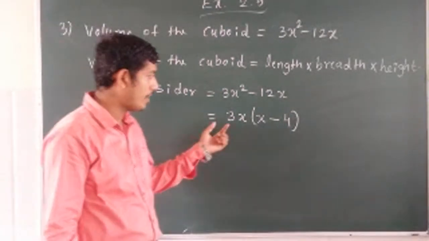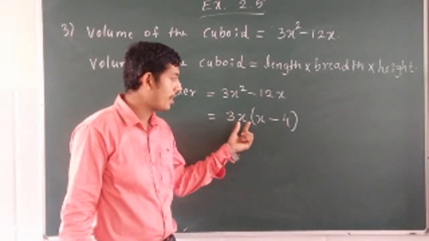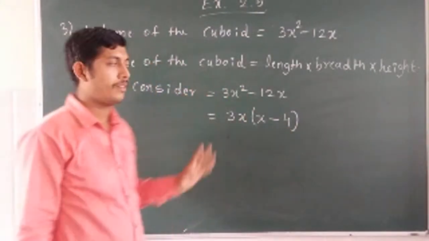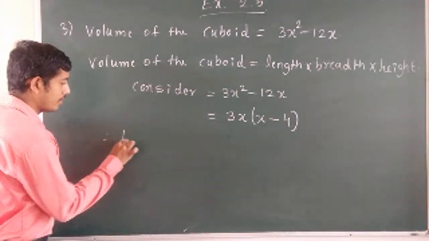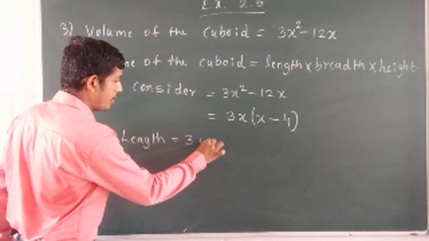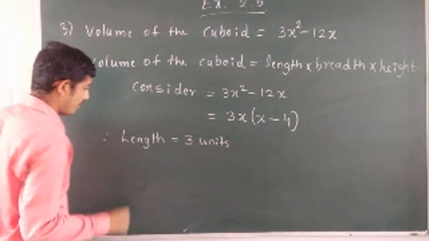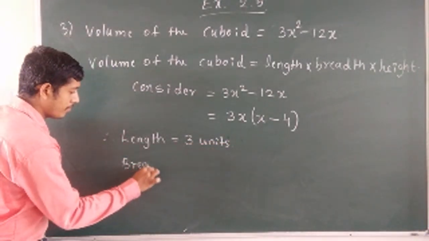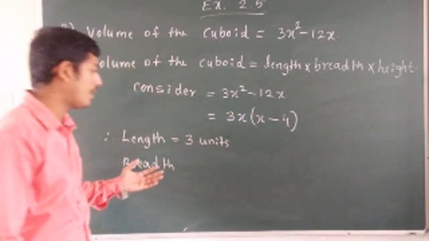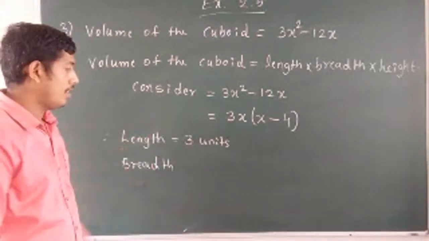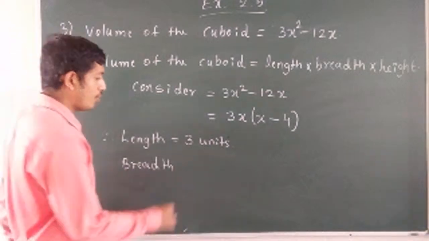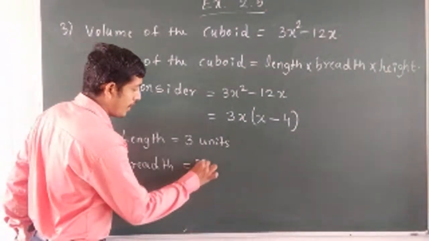So therefore I will consider one term as length, another term as breadth, another term as height of the cuboid. Therefore, length equals 3 units, breadth, that is equal to x units.